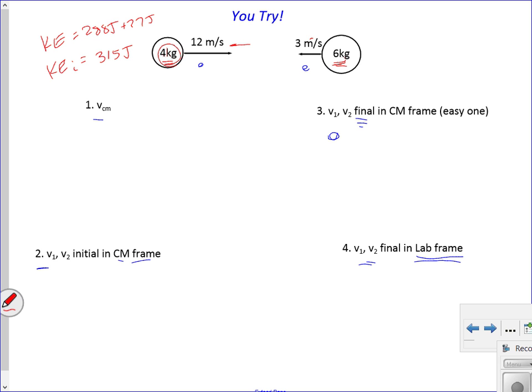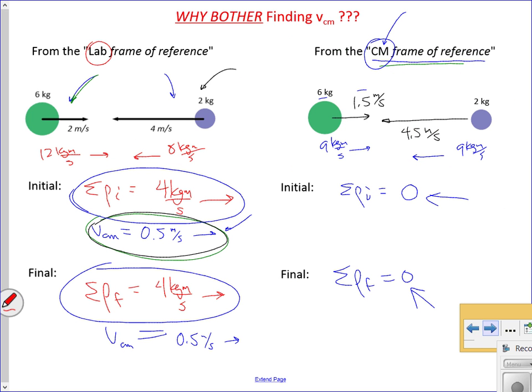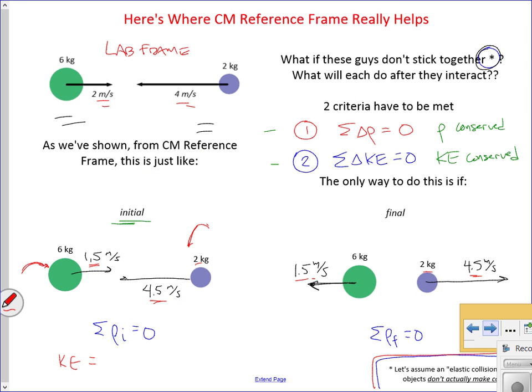It better darn well work out that KE final is 315 joules. So after you go through this process and end up with what the final velocities of the objects are back in the lab reference frame, just confirm that the final kinetic energy is the same as the initial. Because that's how we got to this. And that's the big criteria, or one of the two big criteria, that allow us to go from here to here.